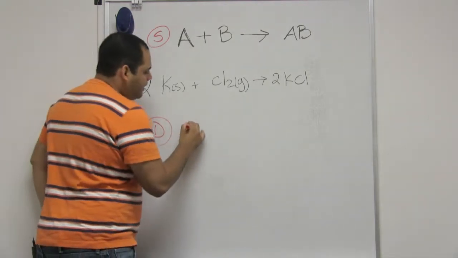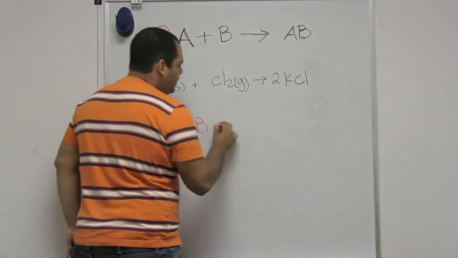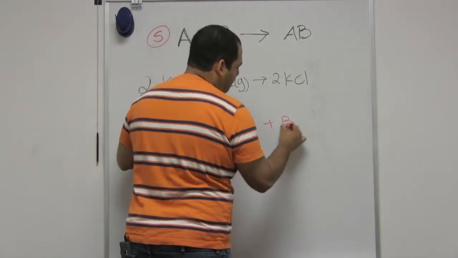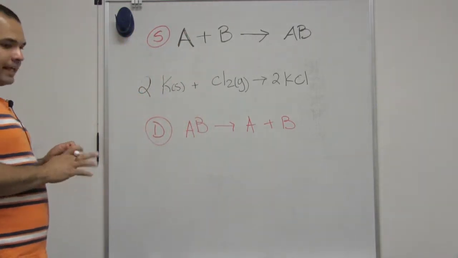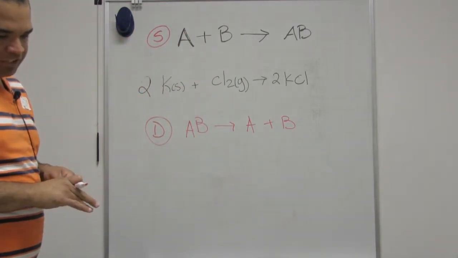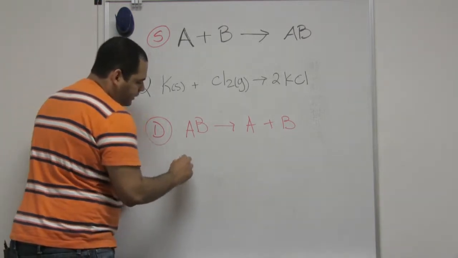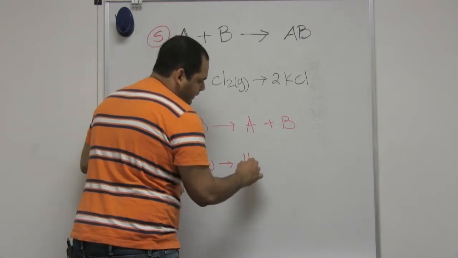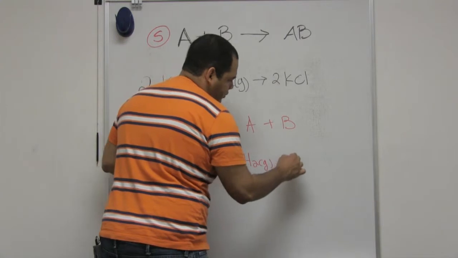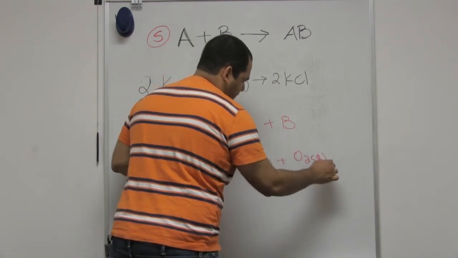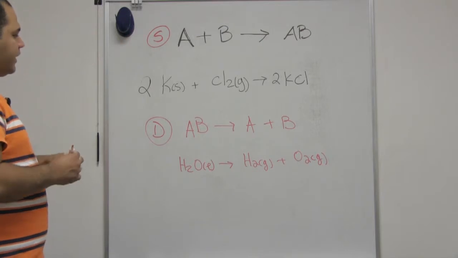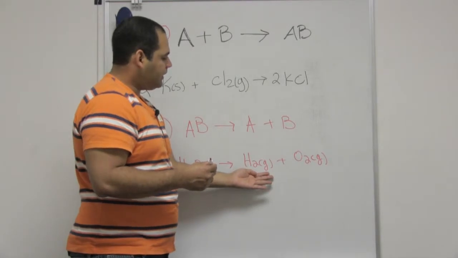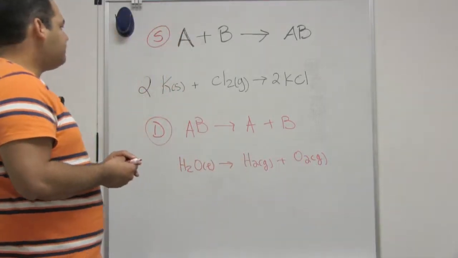Now we have compound AB, and it decomposes, it breaks into A plus B. A classic example for this reaction is liquid water decomposing into hydrogen gas and oxygen gas. So basically we have AB combined together and it decomposes into A plus B.